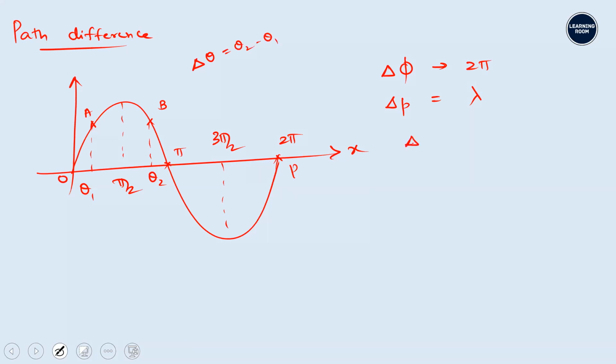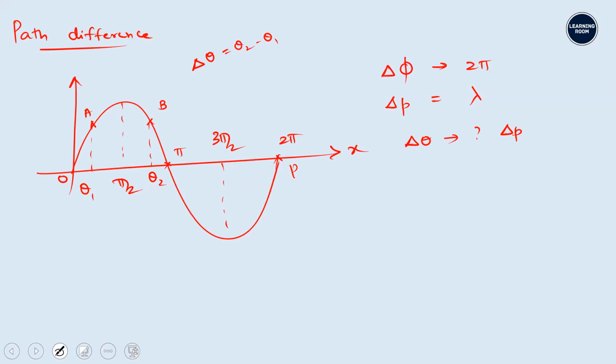So for a corresponding phase difference of delta theta, what is going to be the corresponding path difference? That's what we need to find. I took two random points A and B only for the sake of understanding what phase difference between 2 points means, because in the previous scenario when I wrote 2 pi, I took the extreme points.